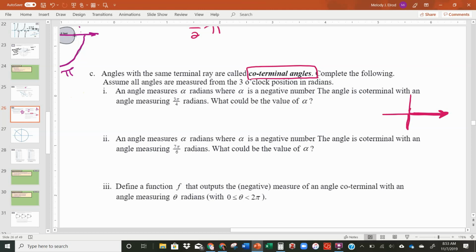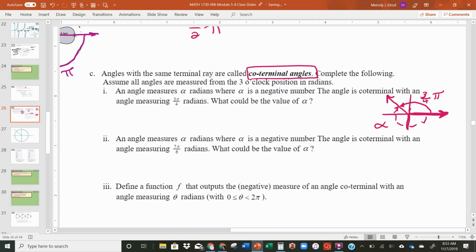So 3/4 pi, we know, would go 3/4 of the way to a half rotation, because this is pi over here. Here's our 3/4 pi. And they're asking us, if this right here is alpha, what is alpha?